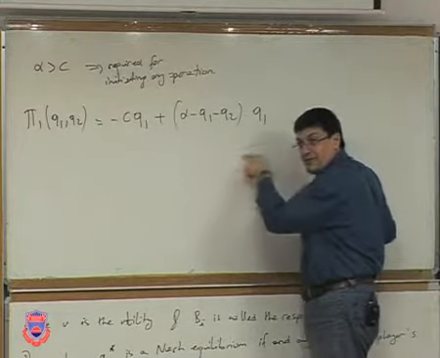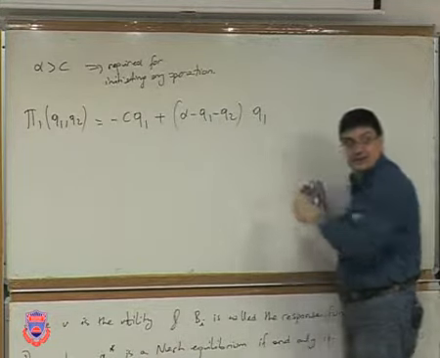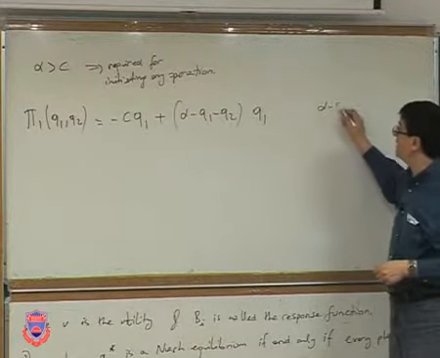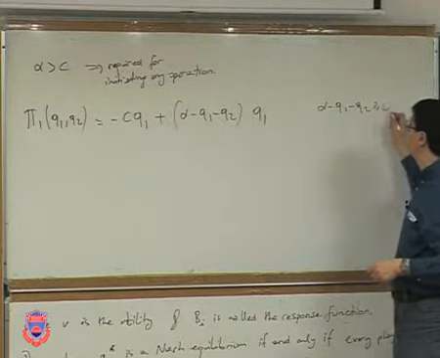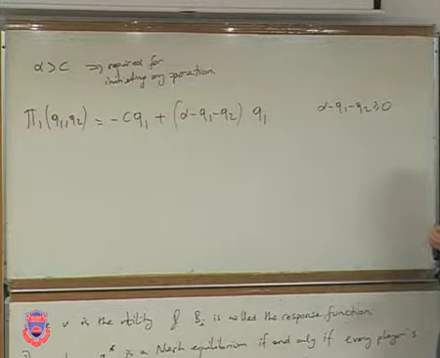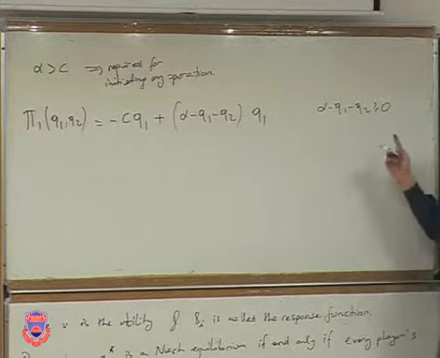Okay. But of course, we have to make sure that this is positive. This is true if alpha minus Q1 minus Q2 is positive. Okay? This is the condition that we need to have. In other words, we still obtain a non-zero price per unit.